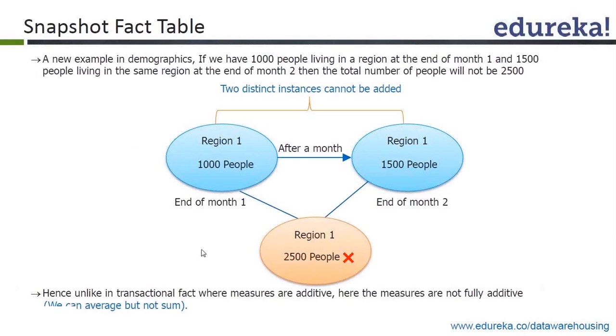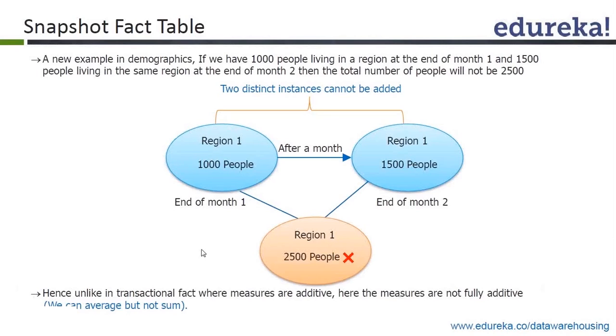So this is not a fully additive fact. Hence, unlike the transaction table where the measures are additive, here the measures are not fully additive. But you can still add them across, like we discussed in the example for balance, right?